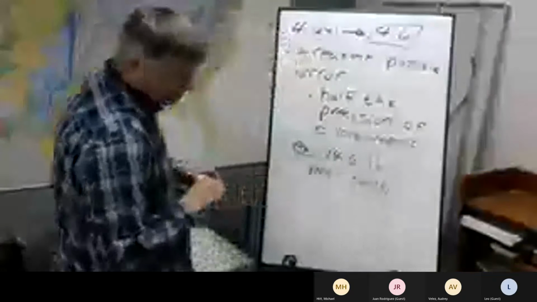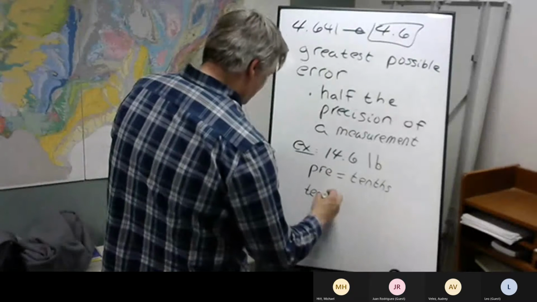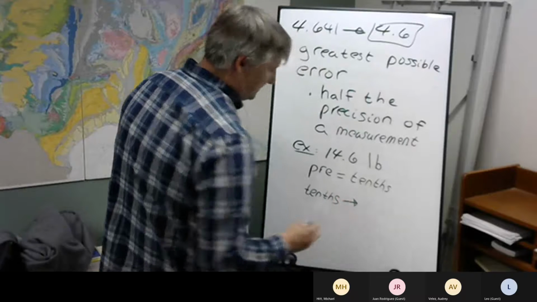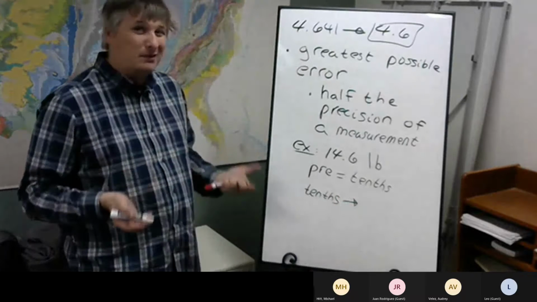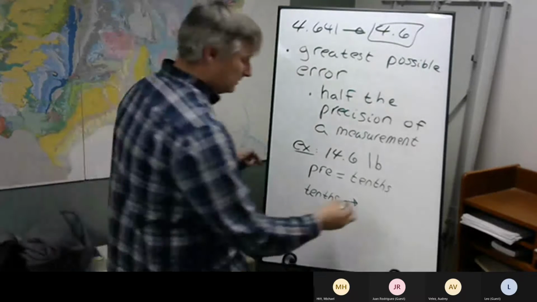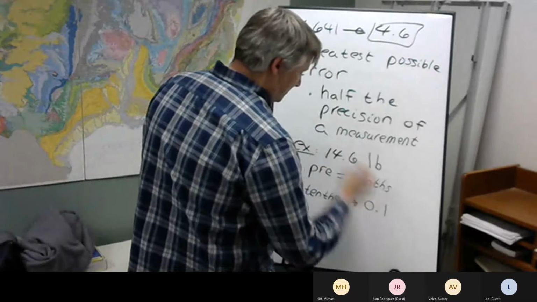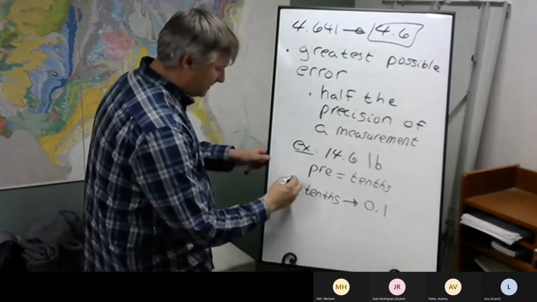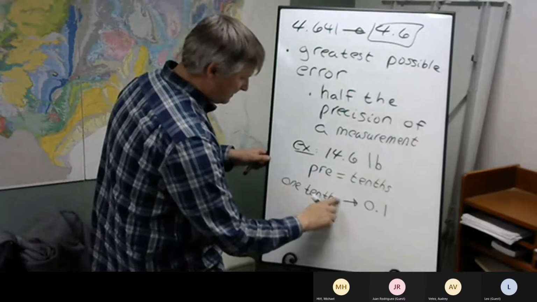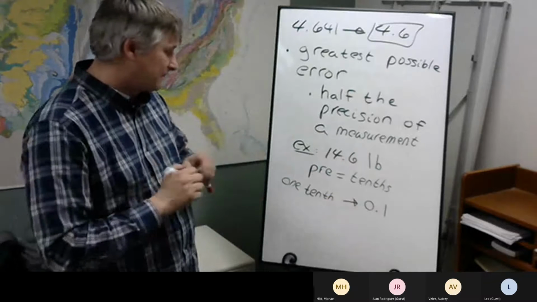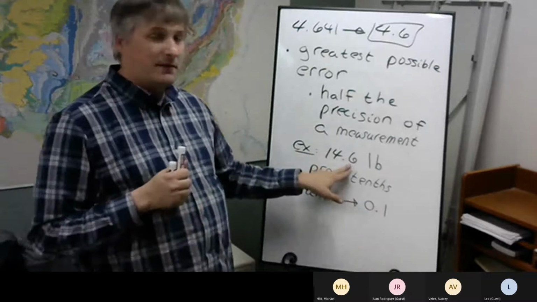So what that's going to mean is we're going to take the tenths and represent it in a fundamental decimal form. 1/10. Let me put it this way. 1/10 is 0.1. So we identify the precision.